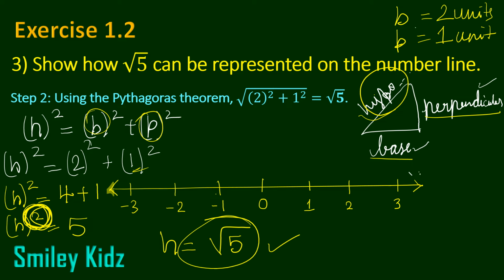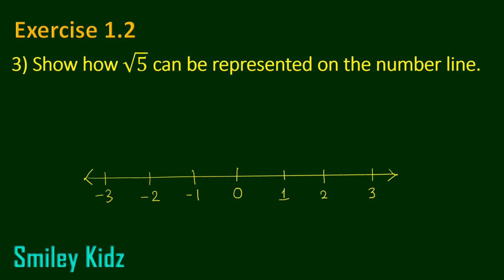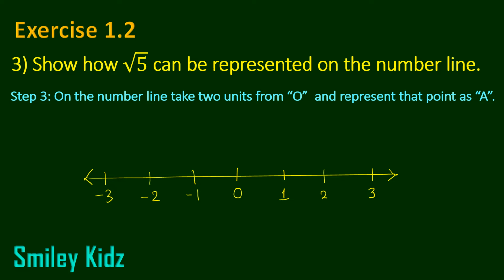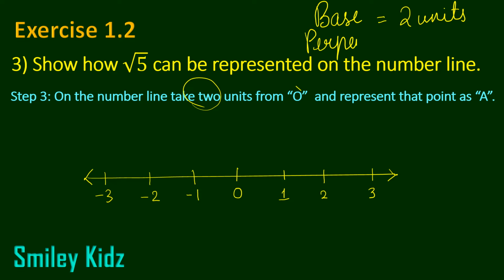Now let's move ahead and see the next step. Let's see the third step. On the number line, take 2 units from O and represent that point as A. Why are we taking 2 units? Make use of the Pythagoras theorem we have done before. We got the base as 2 units and our perpendicular or height as 1 unit.